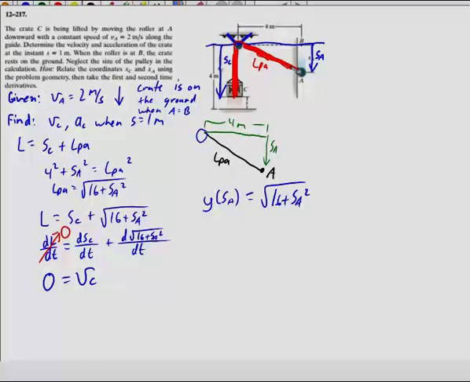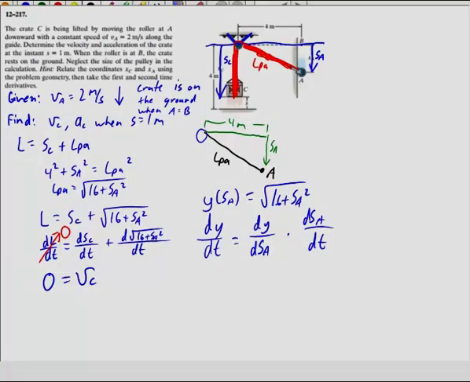So if that is our function, then the derivative of our function with respect to time is going to be dy dt, and I can fill in the dsa, because that is the variable that's given in our equation. So our chain rule is going to be the derivative of y with respect to SA times the derivative of SA with respect to t.